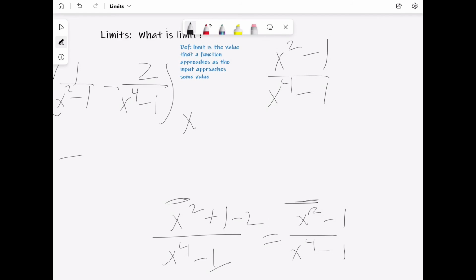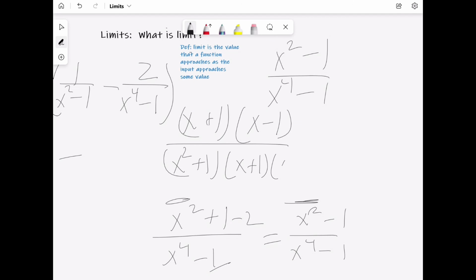That'll become x plus 1 times x minus 1 over x squared plus 1 times x plus 1 times x minus 1. These will cancel out, which will result in 1 over x squared plus 1. Right? Great.